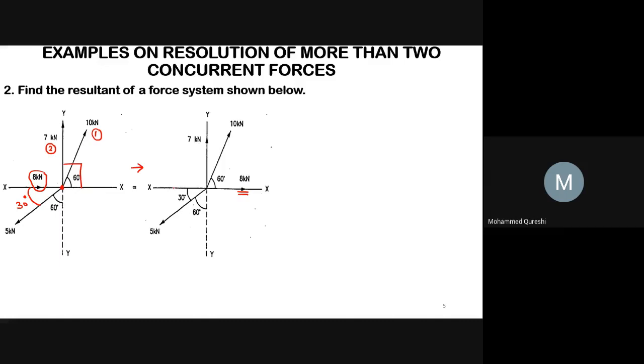Now, we are asked to find the resultant of the force system, which means we have to calculate the value of capital R, and we know that for finding capital R we have the square root of sigma h square plus sigma v square, but both these values are right now unknown. So first we have to calculate the value of sigma h and sigma v.